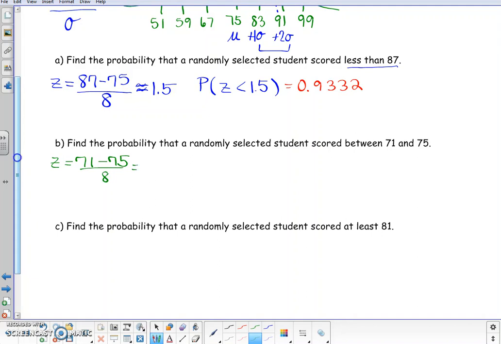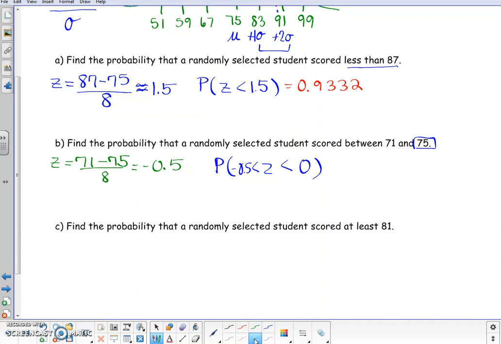And we get negative 0.5. Okay? So we want the probability that z lies between negative 0.5 and, wait a minute, 75 is our mean. So how many standard deviations below or above the mean are we? 0. We're sitting on the mean.